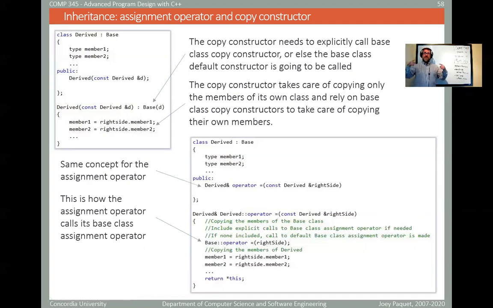Again, if you inherit from more than one class, then you would have one call for each of the assignment operators of the base classes, in essence in a list here. Okay, so this is how you implement your copy constructor as well as your assignment operator for a derived class.